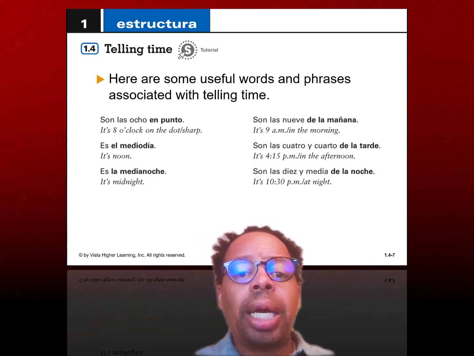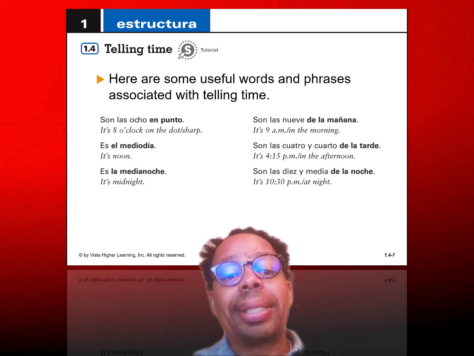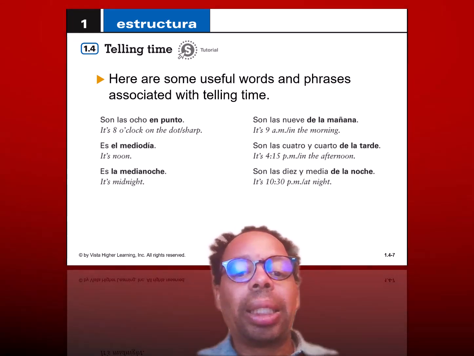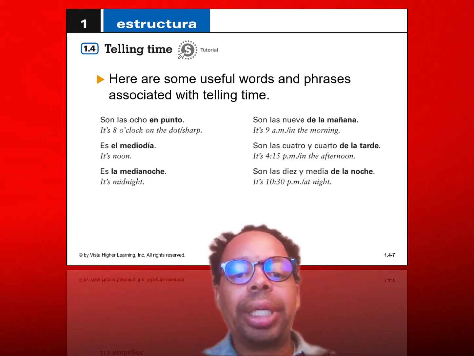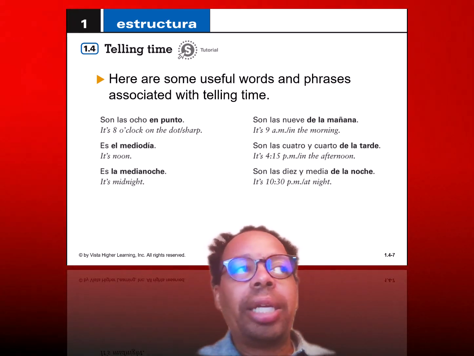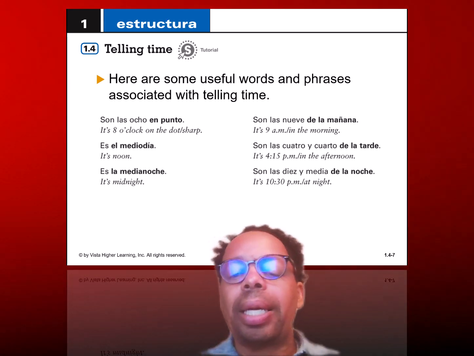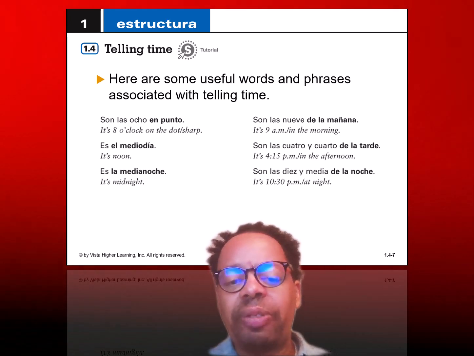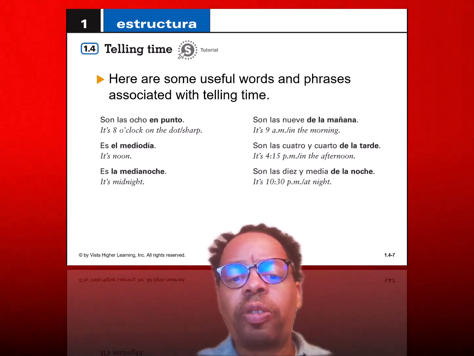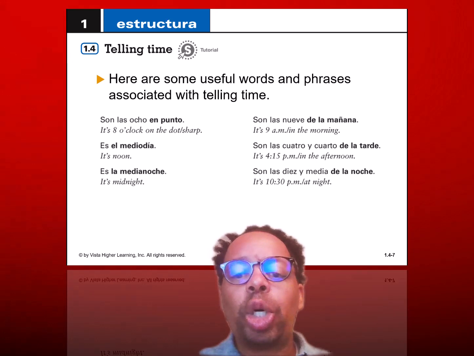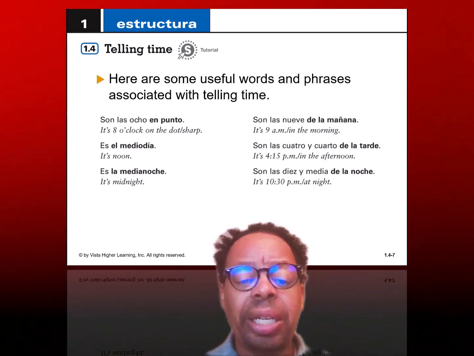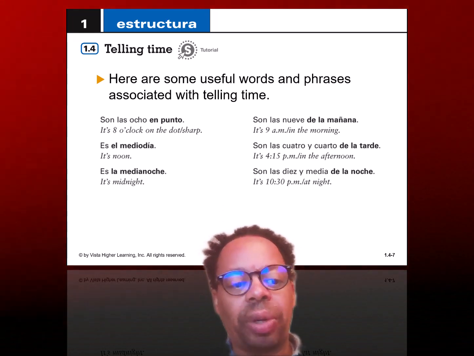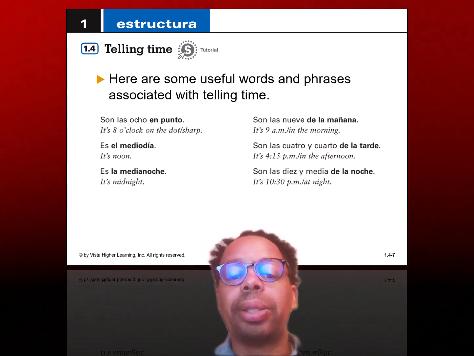Some other phrases on the right-hand side: de la mañana, de la tarde, de la noche. You may have a question about how we determine afternoon and night. It's usually between 5 and 6 that we switch over from la tarde to la noche. It may differ in different countries, but you'll have some clues in your homework and other assignments.